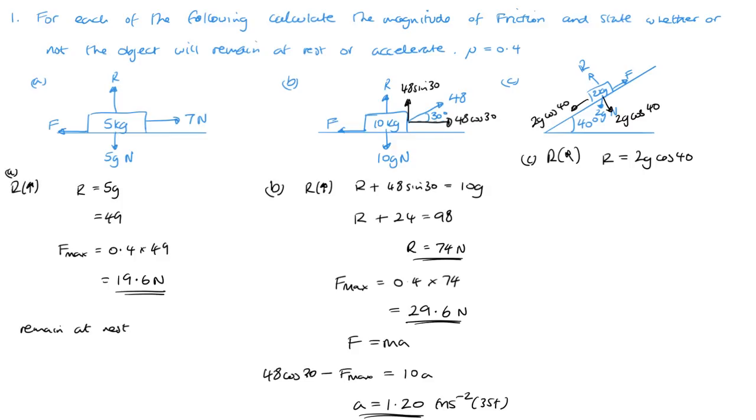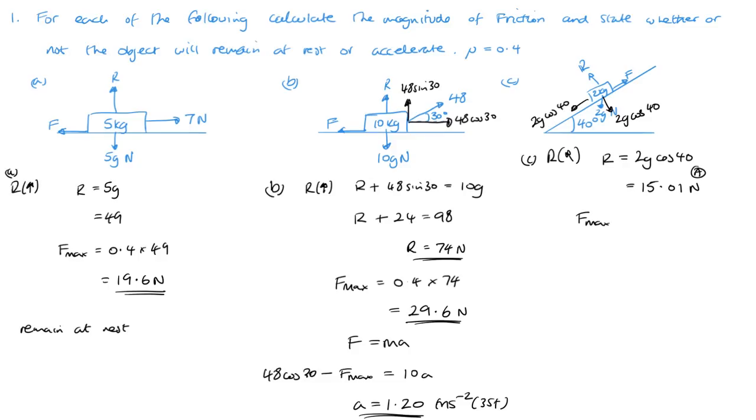So 2 times 9.8 times cos 40 gives me 15.01 newtons. I'll store that as A because I'm going to use that value.